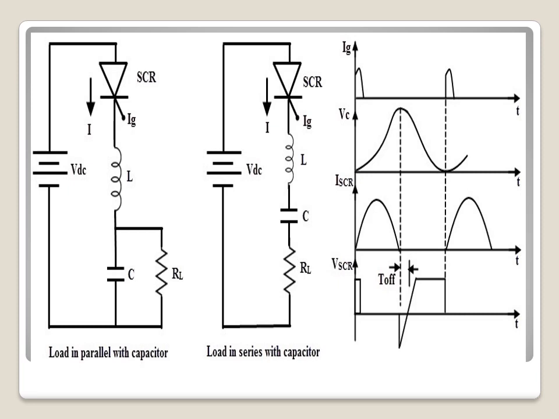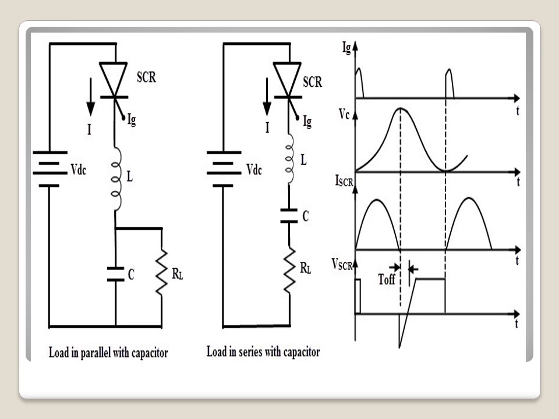First, we have to understand when the load is connected in series with the capacitor or in parallel with the capacitor. When the values of resistance, inductor and capacitor are low, the elements are arranged serially along with the SCR, as shown in the circuit.